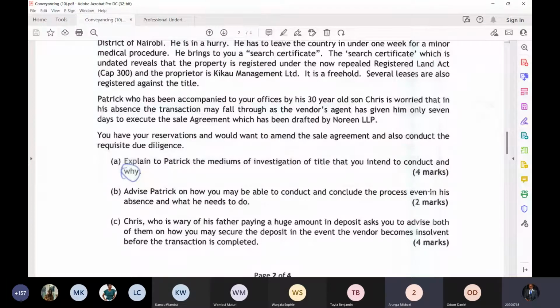Yeah? As a stakeholder. That's actually the answer. There is no other way you can answer for 4 marks, just give 5 and talk about stakeholders and so forth.